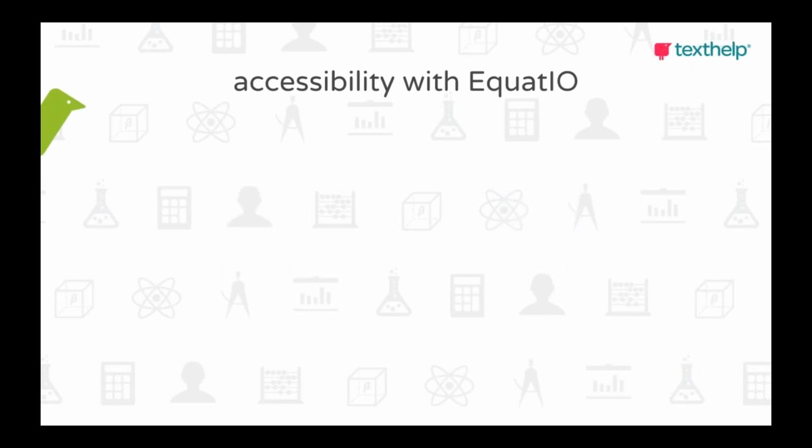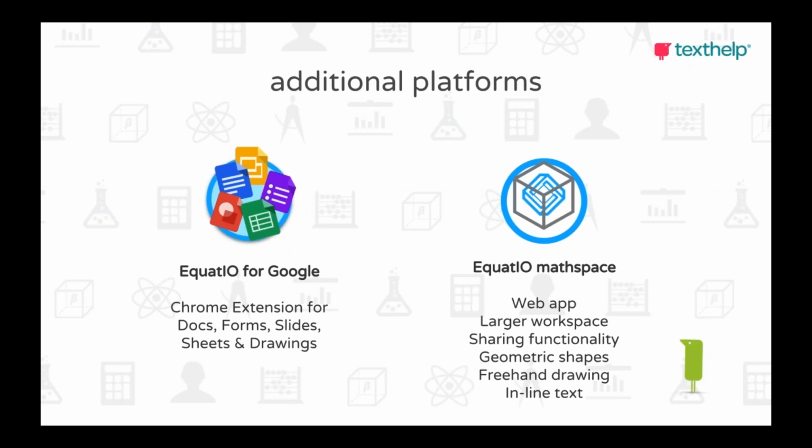If you just go back one slide, one of the things about EquatIO mathspace, and when we say math, we really mean STEM, is to think of it as a virtual whiteboard. If you're in front of your class and you're logged in through your smart board or whichever way you access the internet in class, you can create problems and examples.